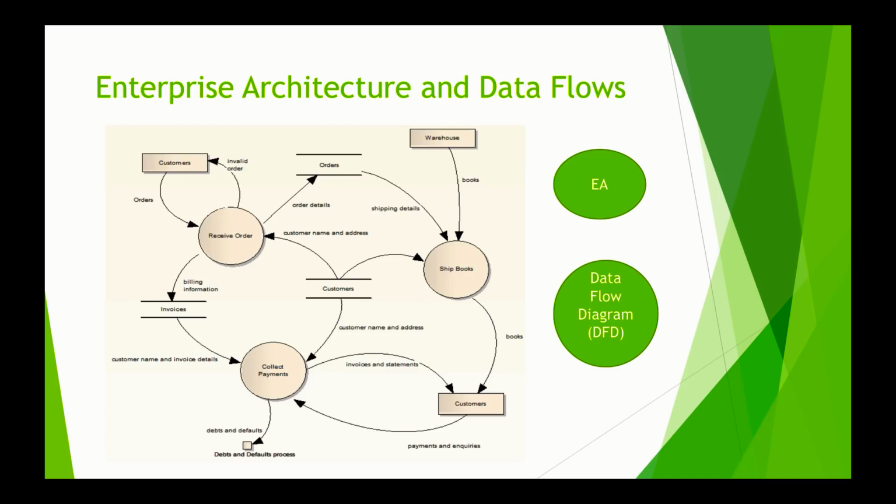Let's take a look at the enterprise architecture and data flows. According to Gartner, enterprise architecture is a discipline for proactively and holistically leading enterprise responses to disruptive forces by identifying and analyzing the execution of change toward desired business vision and outcomes.